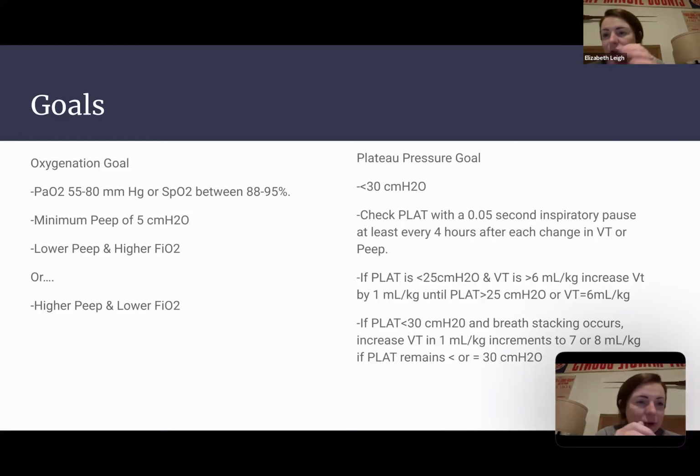If the plateau pressure is less than 30 centimeters of water and breath stacking occurs, or some type of desynchrony, we want to increase the tidal volume in 1 milliliter increments to 7 or 8 milliliters per kilogram, if the plateau remains less than or equal to 30 centimeters of water.